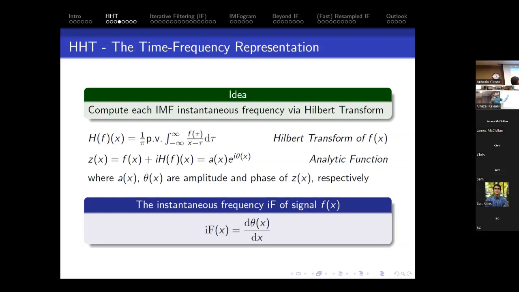Because if I take the IMF plus i, the imaginary number, times the Hilbert transform, this is a new complex function with the nice property of being an analytic function, which means we can rewrite it in polar coordinates, and the angle is rotating in a way that is always increasing. Then we can compute the derivative of the angle, and that can be defined as a frequency because it's always possible. That's what is defined as instantaneous frequency.